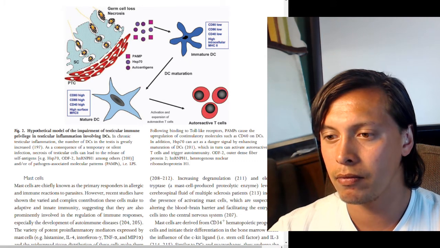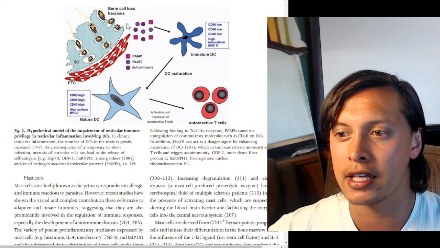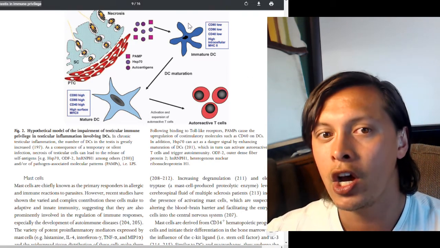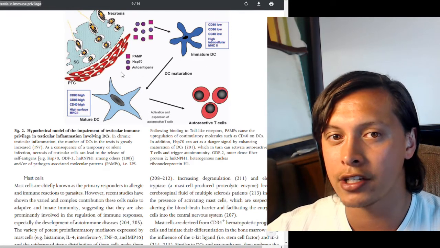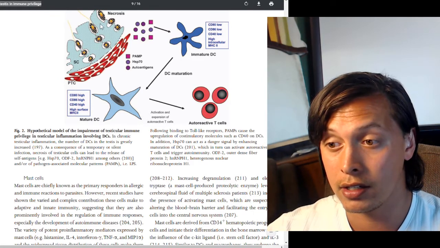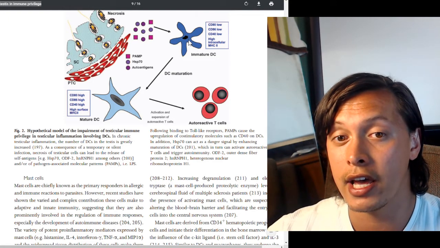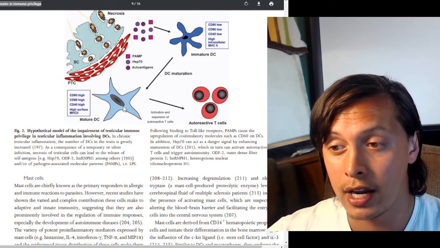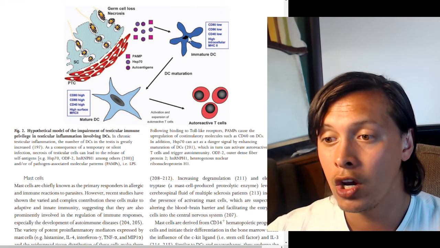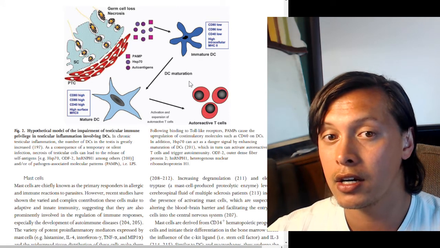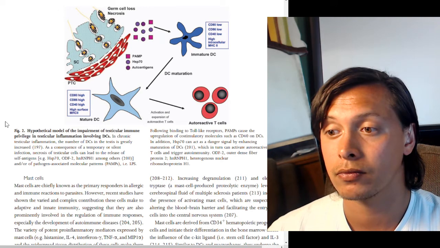This worries me because then we might be initiating this entire sequence of events where an immature dendritic cell ends up getting some of the autoantigens from the dying germ cells and then matures into a mature dendritic cell and then will permanently or semi-permanently create an autoimmune response for the testes.